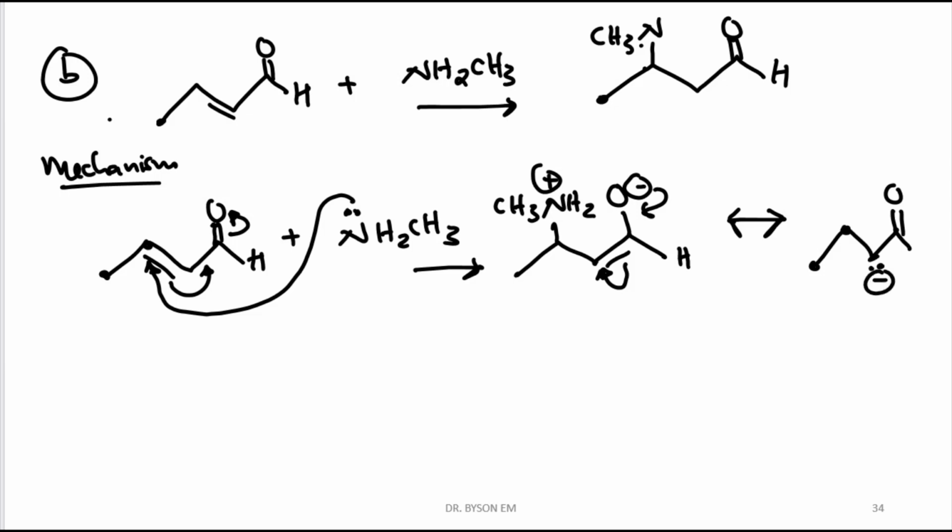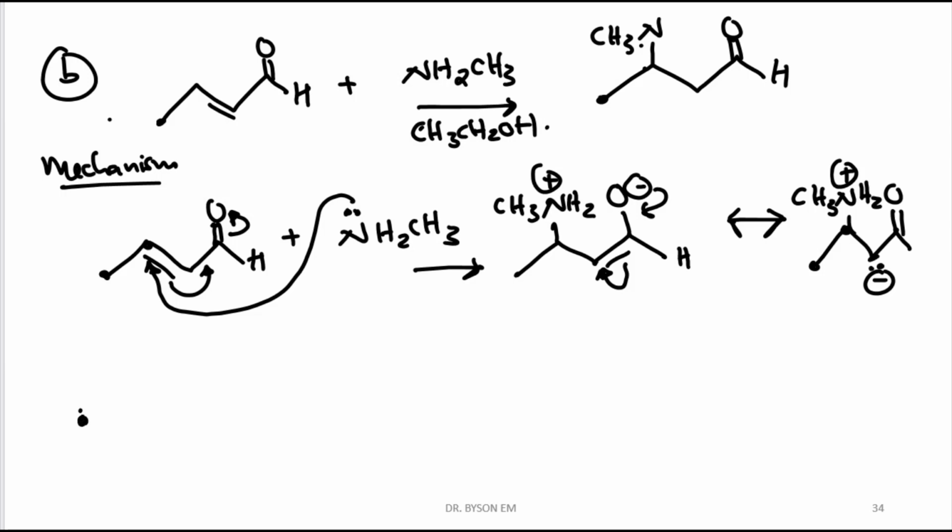And then there will be a pair of electrons here, negatively charged, and this will still be positively charged like that. Okay. And then what will happen is that one of the hydrogens will be deprotonated. There was methanol in solution.